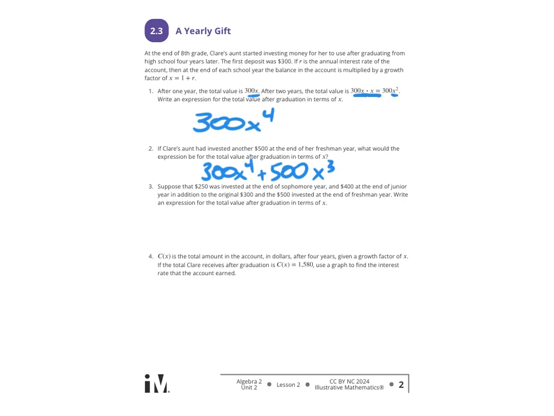Suppose that 250 was invested at the end of her sophomore year, which means she had 2 years to act on the 250. 400 at the end of the junior year, which was 1 year. And so this one becomes 300x to the 4th plus 500x cubed plus, sophomore year, 250x squared plus 400x.